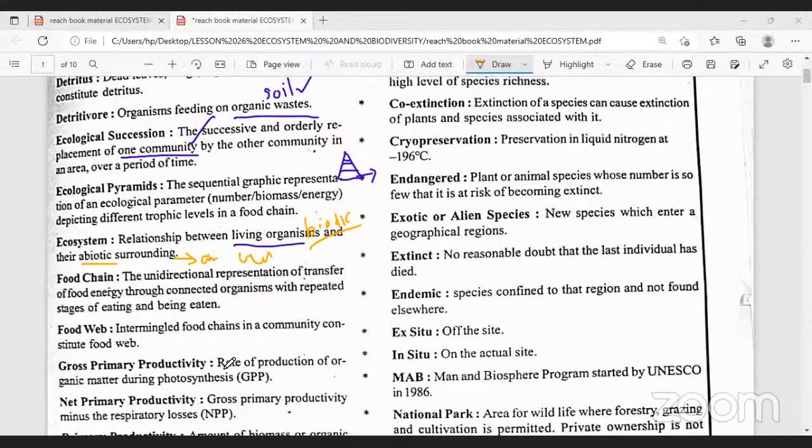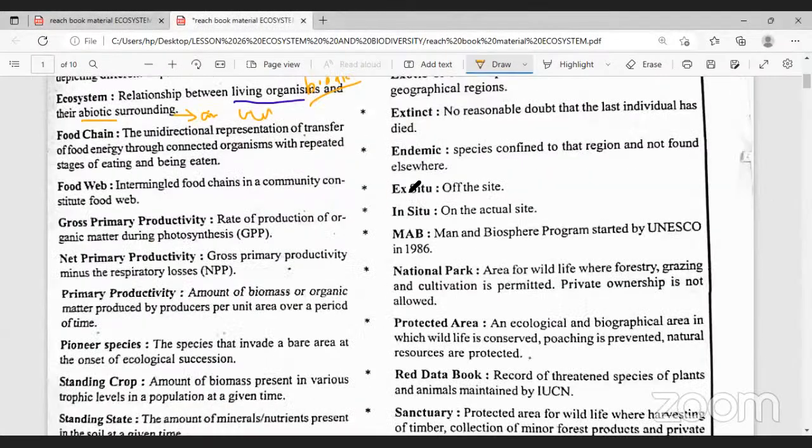And another important technical term has been given. See that, gross primary productivity. Gross primary productivity is the rate of production of organic matter during photosynthesis.